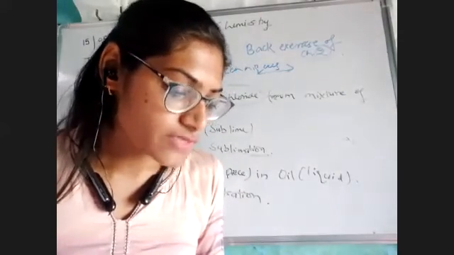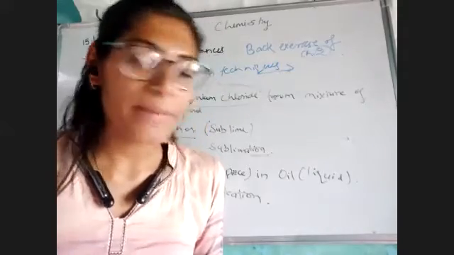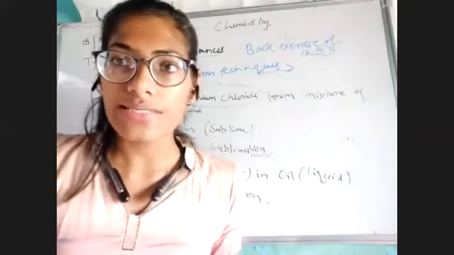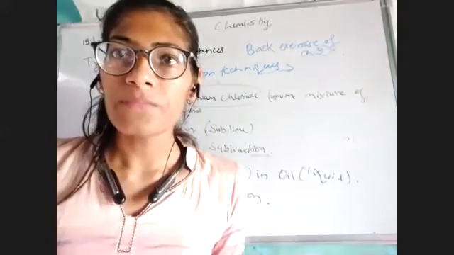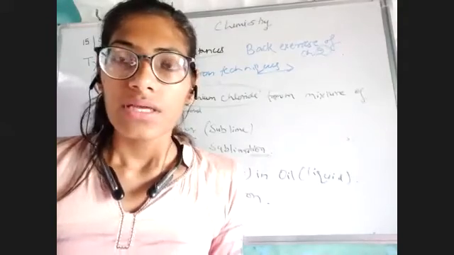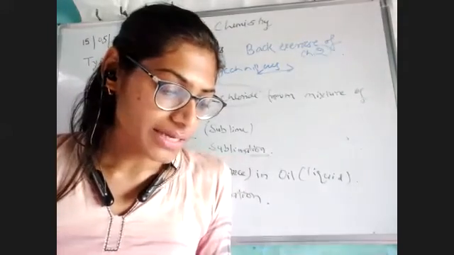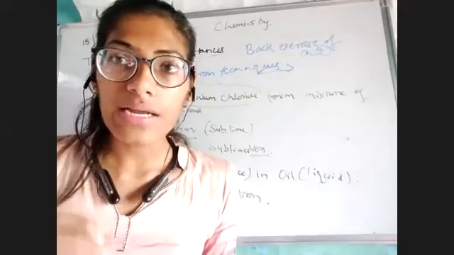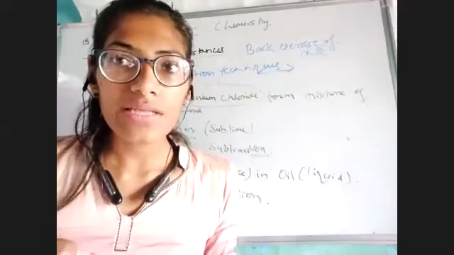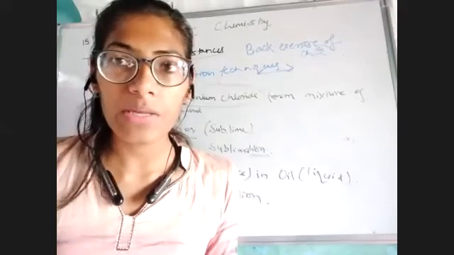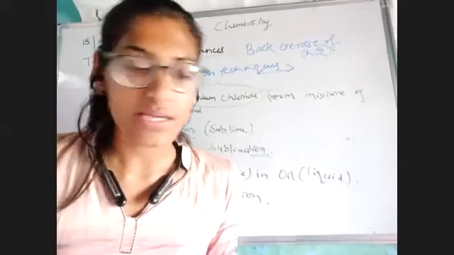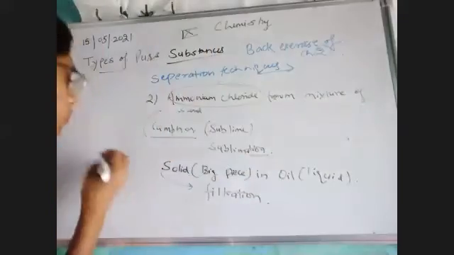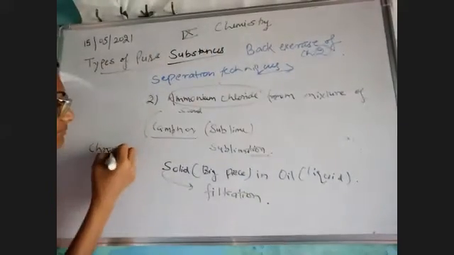Different pigments from an extract of flower petals. Okay, this is a very easy and important topic. I hope you have heard about this. Whenever we are separating different color pigments, bache, there is only one technique, that is known as chromatography. Remember?